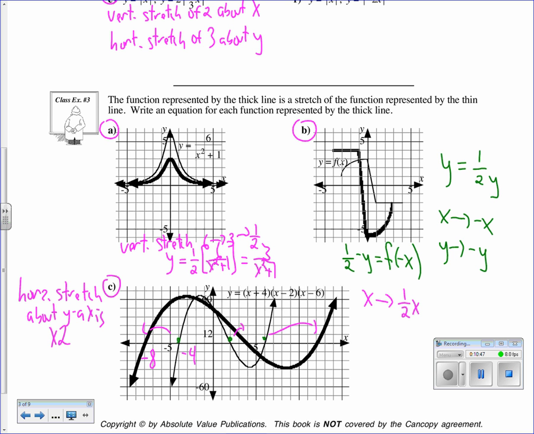Adjust your scale so you can see the window in the same way that it's presented. Every x gets to be half x. So it's 0.5x plus 4 as one factor. And the other factor is 0.5x minus 2. And the other factor is 0.5x minus 6.